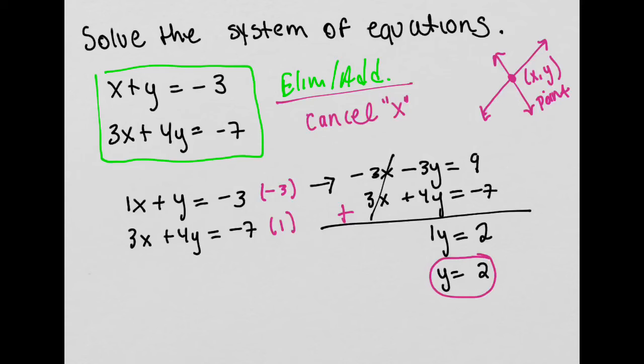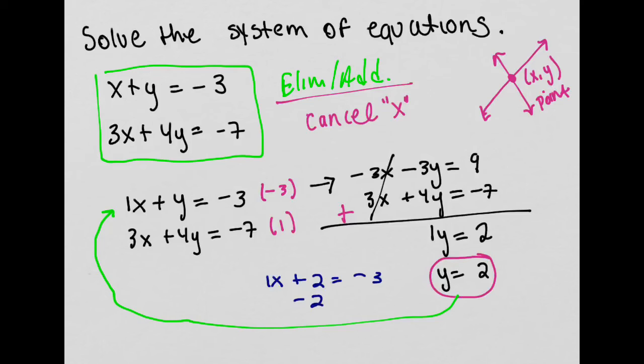So the next step is the substitution. We're going to go ahead and substitute the y into either one. I'm going to choose the first line. So I'm going to substitute the value of y, which is 2, into the first equation. So that gives me 1x plus 2 equals -3. So now I have an equation in terms of x only, so it's easy for me to solve for x.